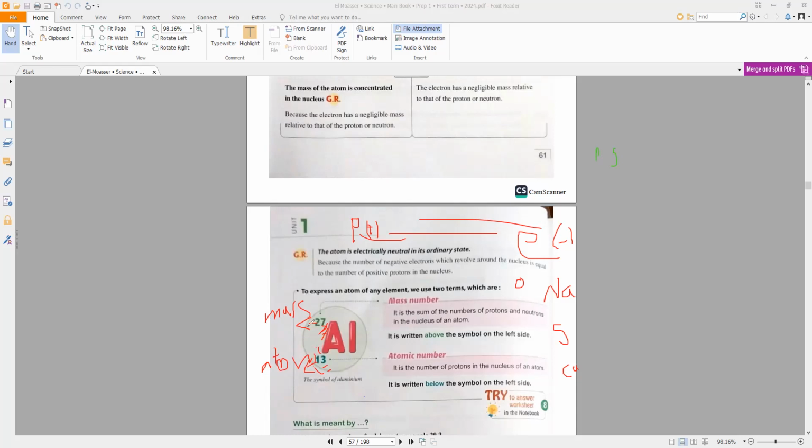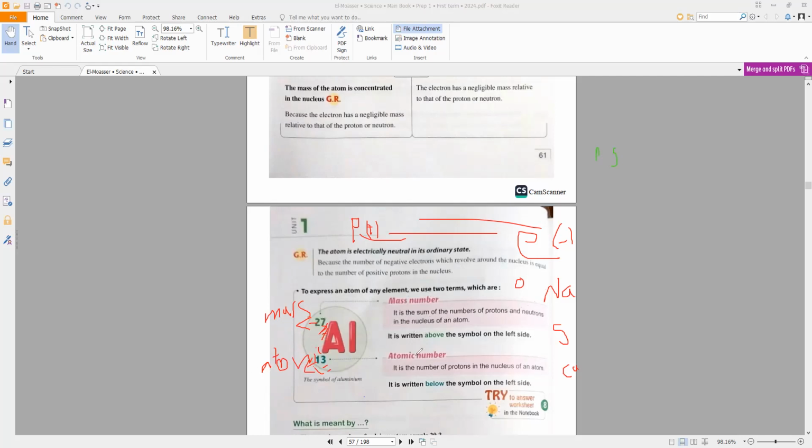The mass number, the larger number, is the sum of the number of protons and neutrons in the nucleus of an atom. I said the mass of the atom is concentrated in the nucleus, so the mass of the atom is the mass of the nucleus, meaning the number of protons and neutrons. This is the mass number.